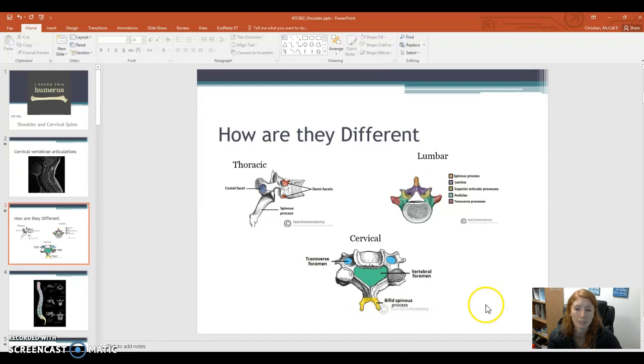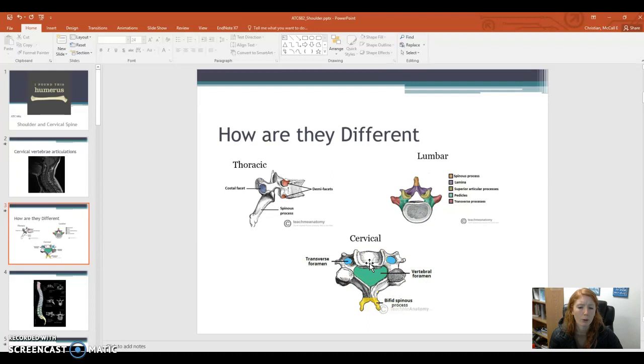But also we have different sections, such as like the transverse foramen, that helps with those vertebral arteries, and supplements a lot of the structures that go through. As we see, once we get lower and lower, those particular qualities go away.